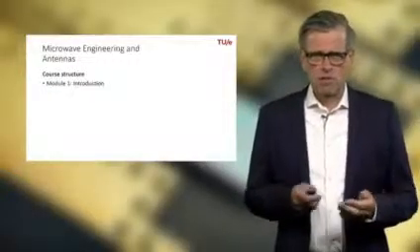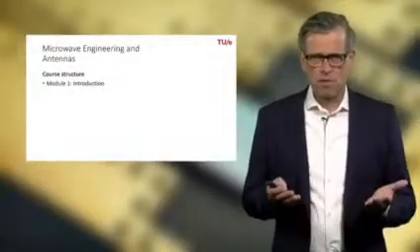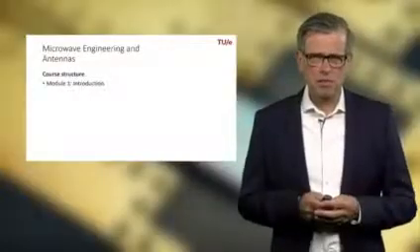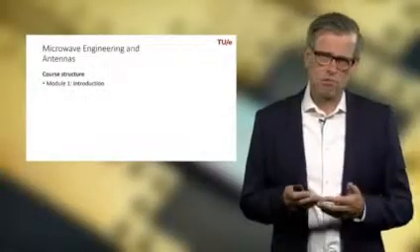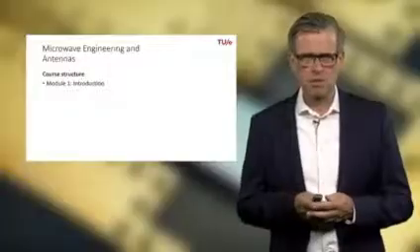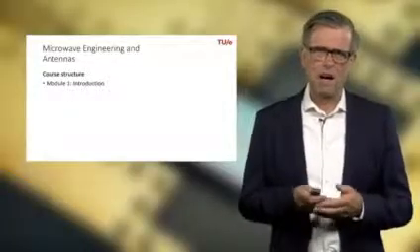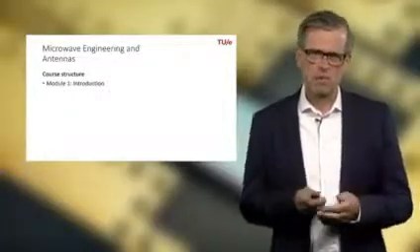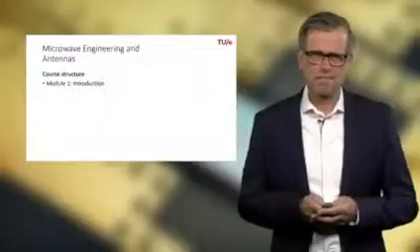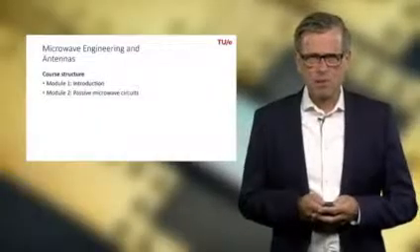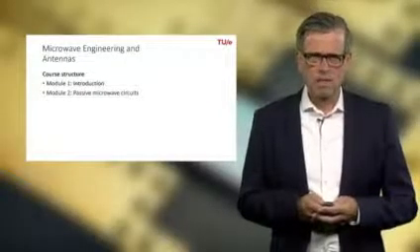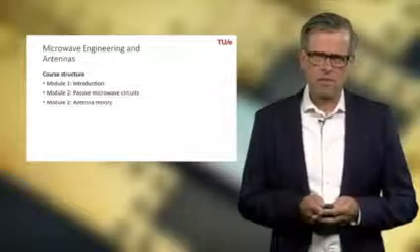Now the general structure of the course is that we have 4 modules. The first module is mandatory, so it's an introduction that includes an application overview, some trends, but also some practical things like how to use the online quizzes that we will provide. Then we will start with the first real module on passive microwave circuits.